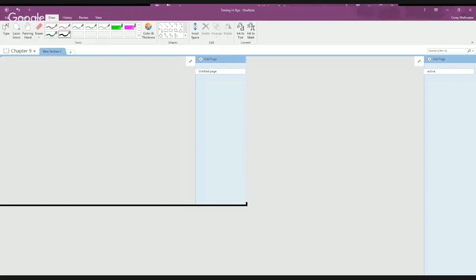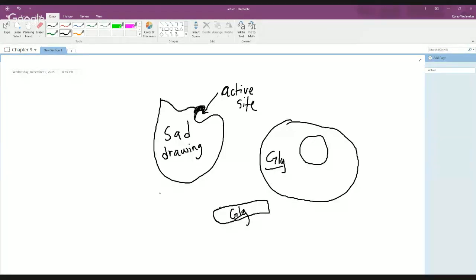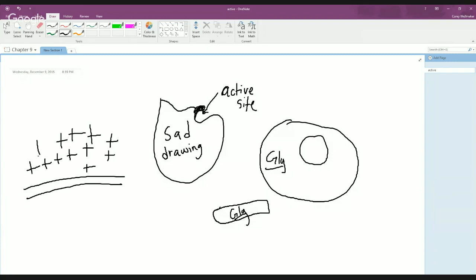Bella, the proton motive force, all that is just the force of the protons that have accumulated in the intermembrane space. This accumulation in the intermembrane space is creating a force that's going to be used to generate ATP.